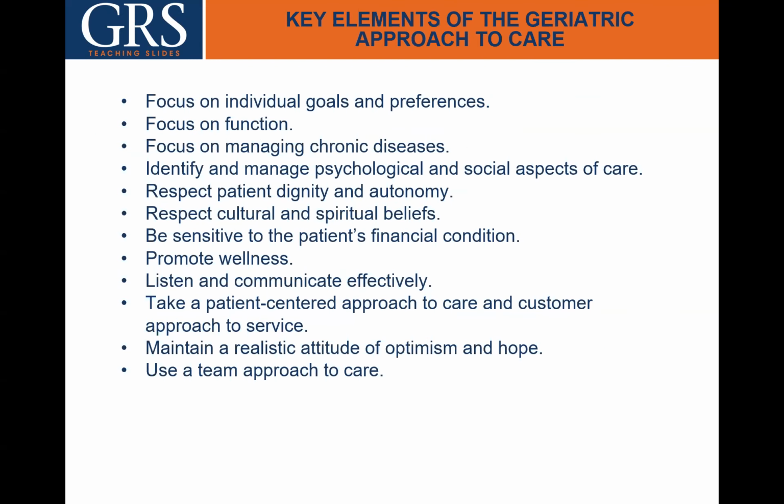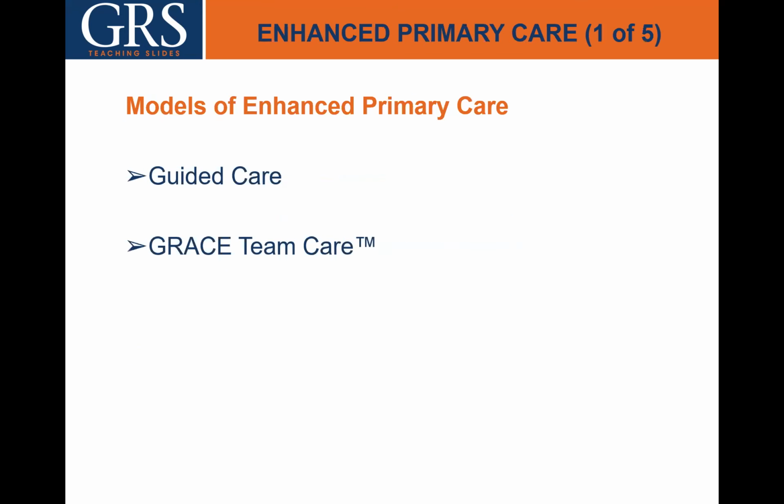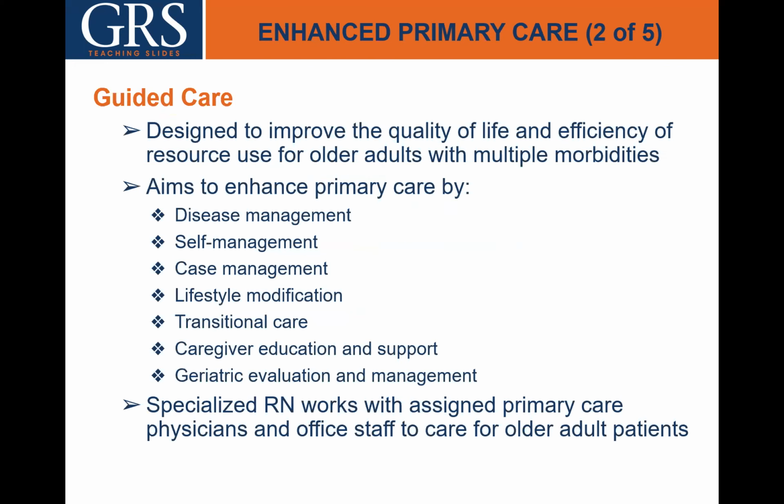And also here are some key elements, which are also for those aspects we discussed before. So the models of enhanced primary care contain guided care and GRIT team care. Let's talk about the first one, guided care, first.